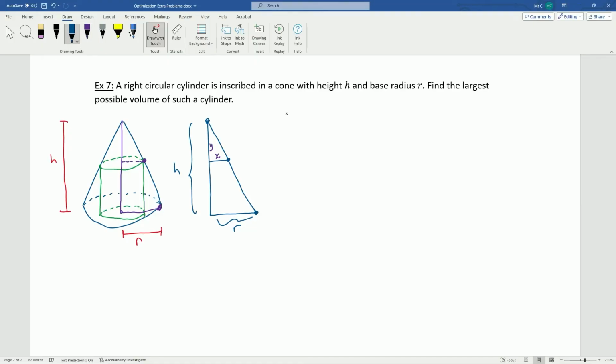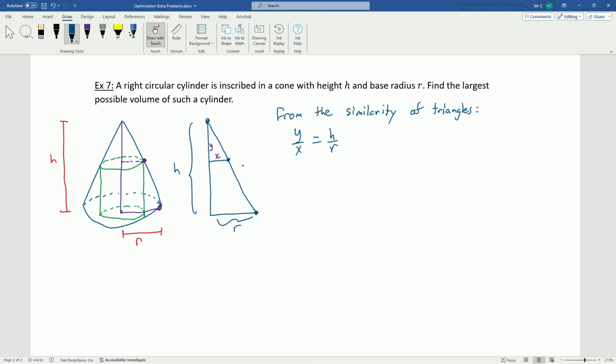And so we know from the similarity of triangles that y over x equals h over r. Okay, so that's just a fact of the similarity of triangles. If you have two triangles that are similar, the ratios of their corresponding sides are equal. So y over x is equal to h over r.